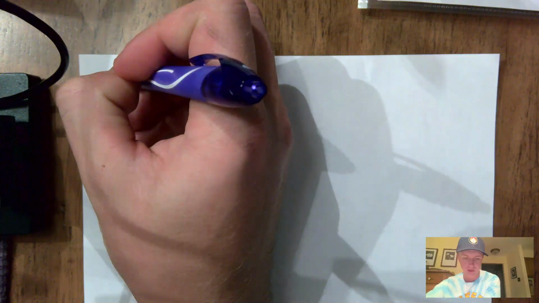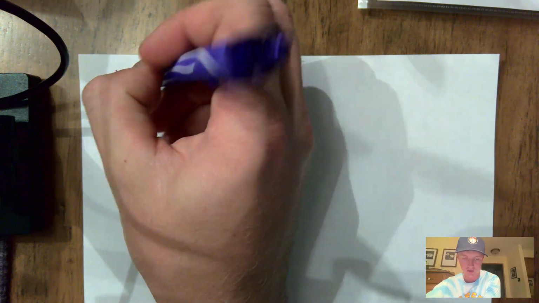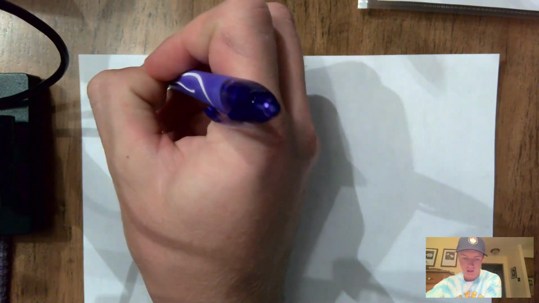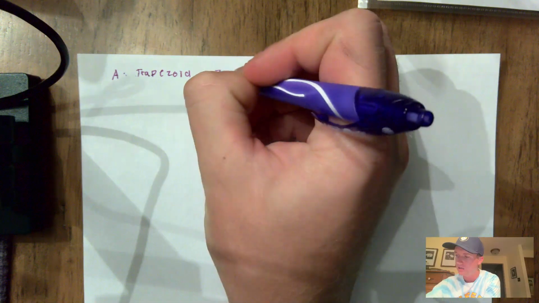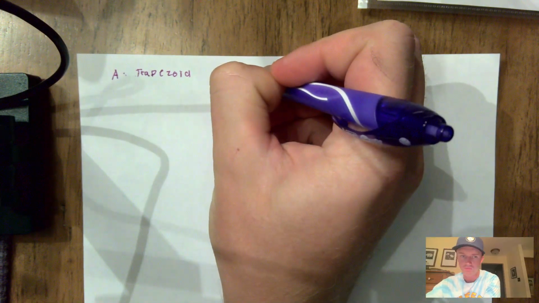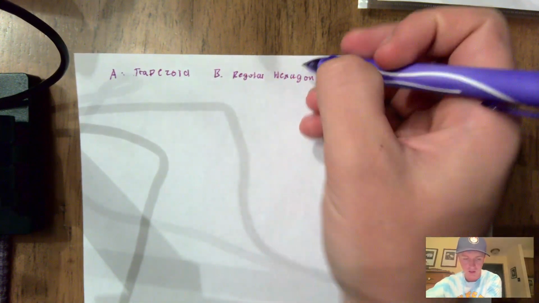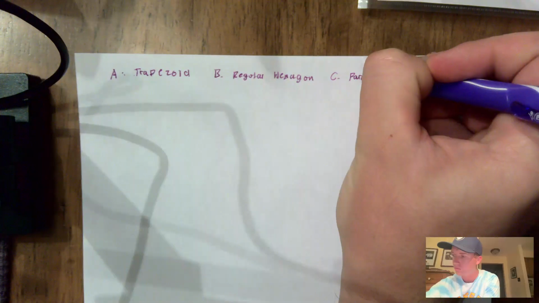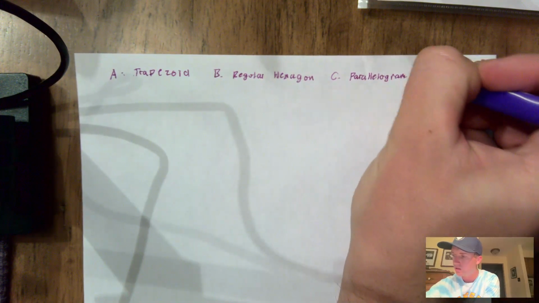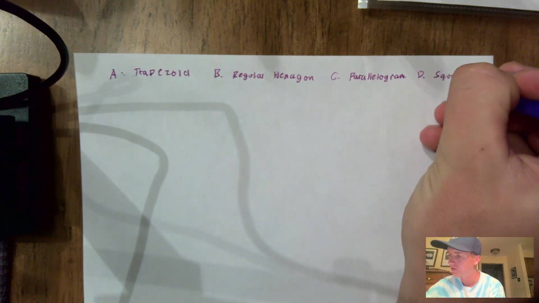For letter A, we have a trapezoid, and these are coming from the actual shape bucket, so I'll write trapezoid. The next one is the regular hexagon, so that could be B. The next one is a parallelogram, so that can be C. Then D will be a square, again all coming from the shape bucket.